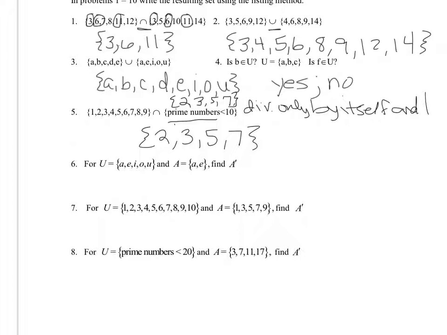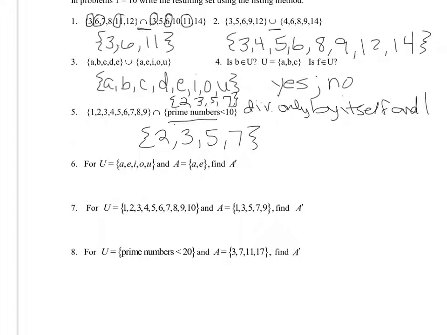Now, if you look at 6, 7, and 8, all three of these are asking us to find a complement, or a prime. In other words, they're going to tell us what our universal set is that we'll start with. In this case on 6, it's A, E, I, O, U. And we're going to give the complement of A, or A prime.